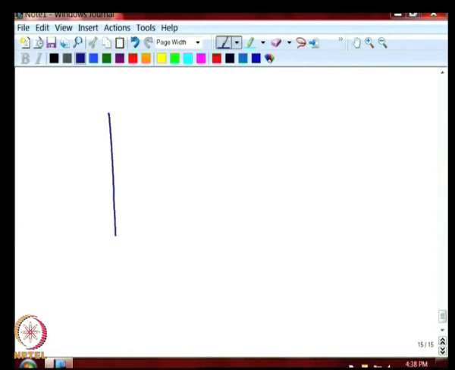Let me take an example like this. This surface 1 and this surface 2, and everything infinite into the page. So, you can easily draw one parallel string here. These two things are very easy to apply.